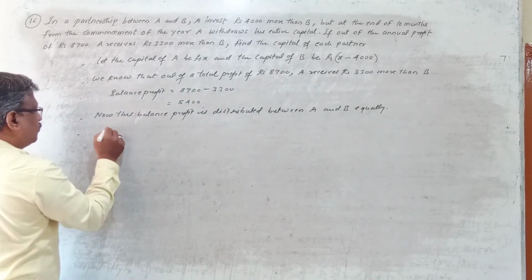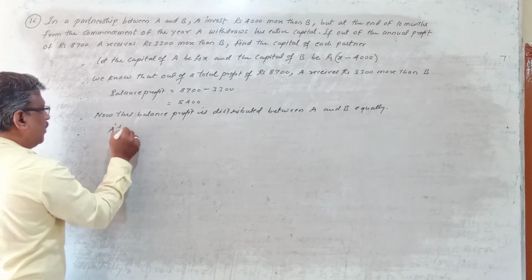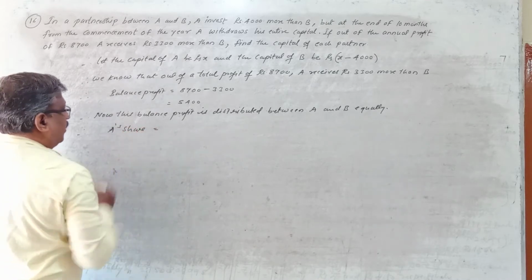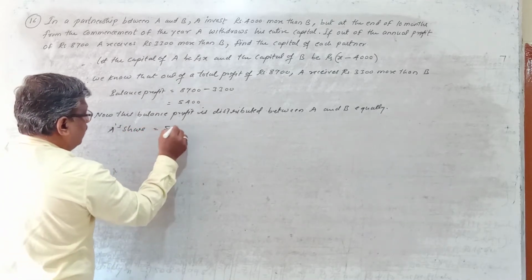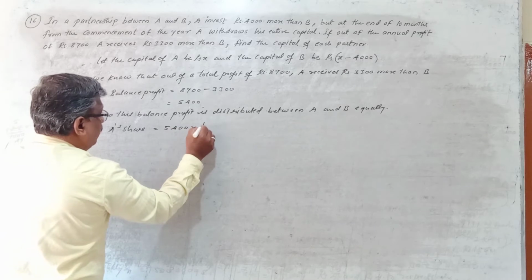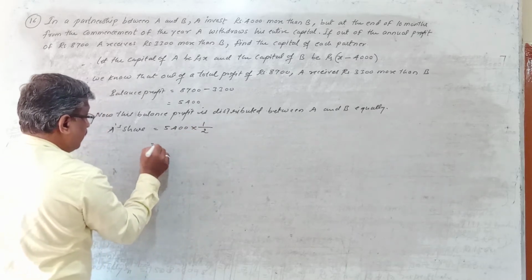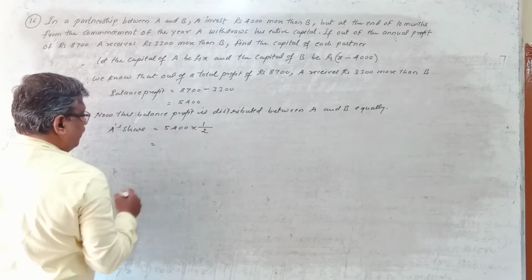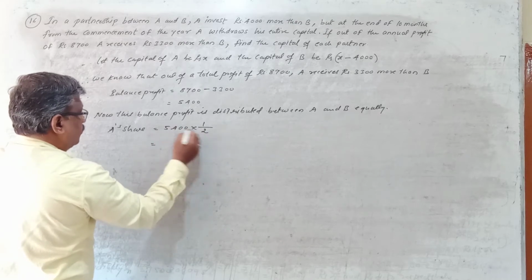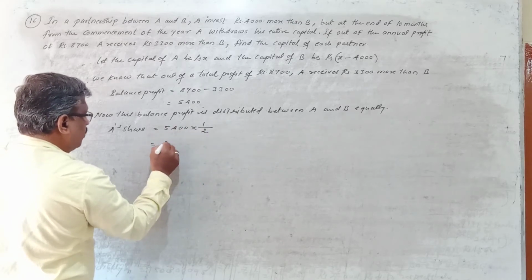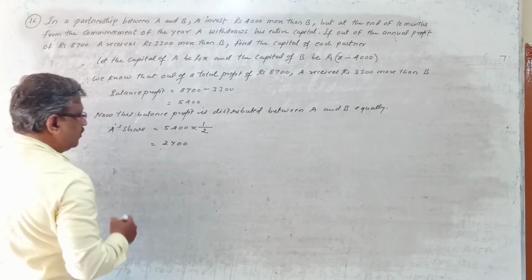Now you distribute. First you calculate A's share. A's share in the balance profit is equal to 5,400 multiplied by 1 by 2, which is 2,700.